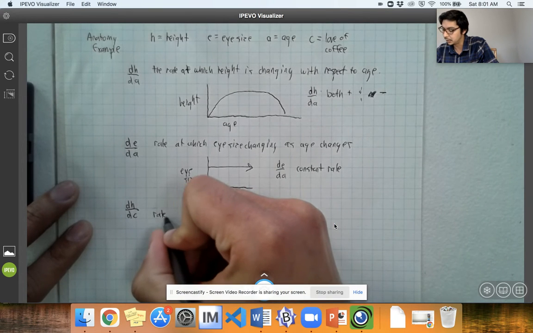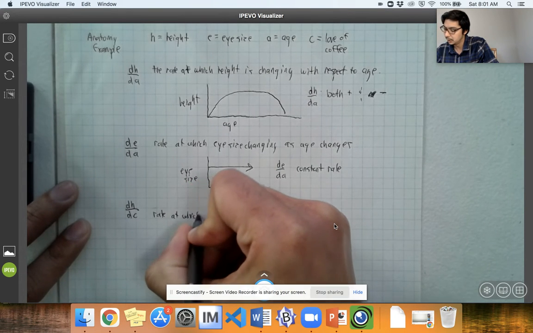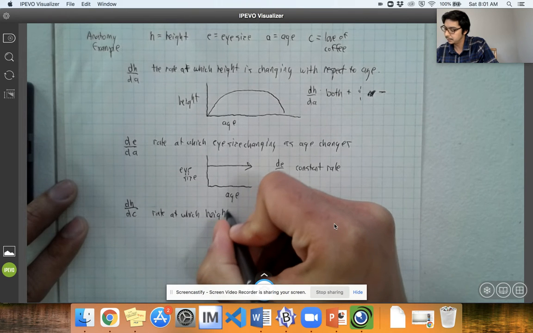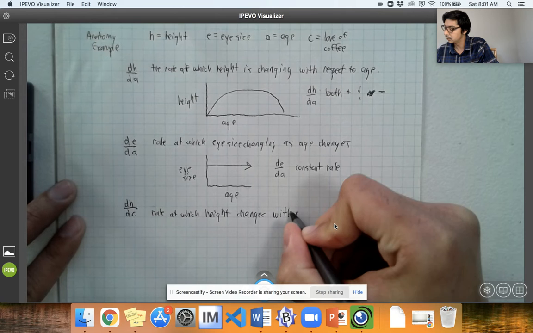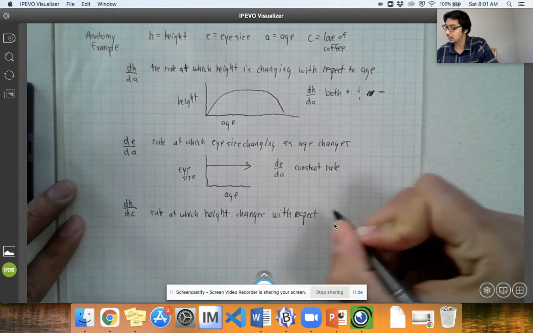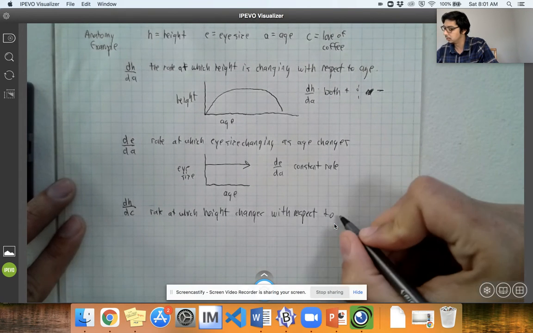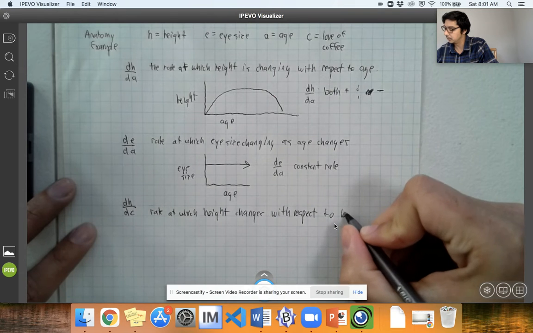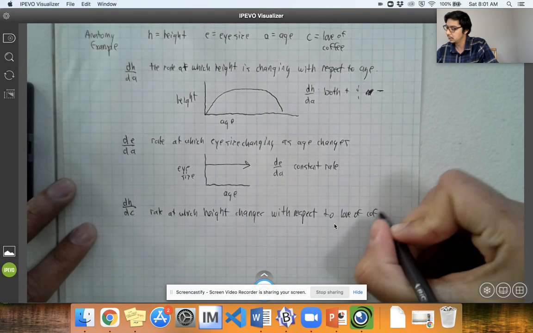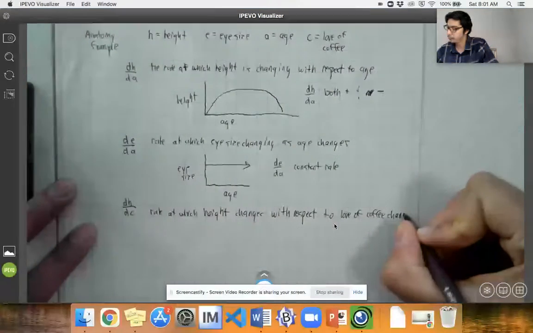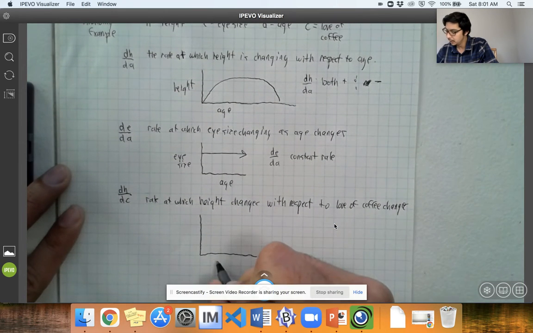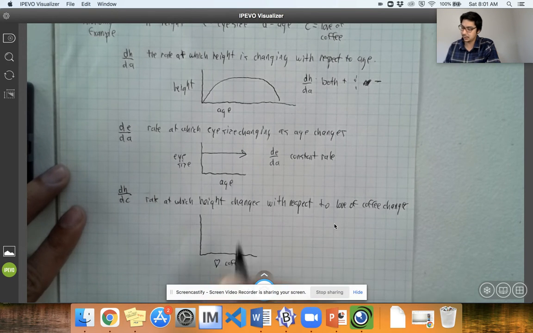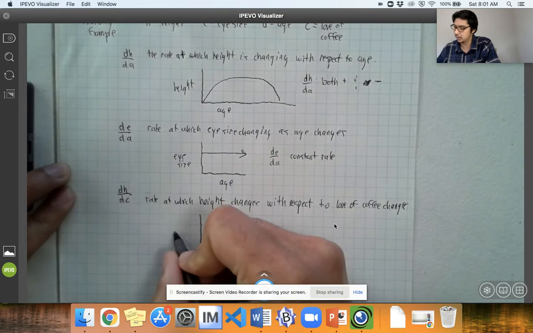So that means the rate at which your height changes, with respect, I'm not just using the math language, to how your love of coffee changes. Okay. So visually again, we're saying the love of coffee. And as this increases, or as it makes a small, infinitesimally small change, what's happening to your height?